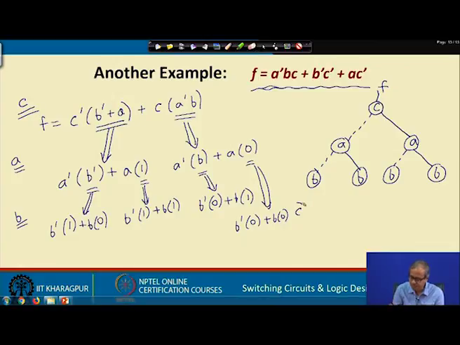So, if you take the terminal nodes, you have 1 and 0. You will be having 1 out here, 0 out here, like this, then 1 and 1, 1 out here, 1 out here, like this, 0 and 1, 0 out here, 1 out here, and 0 0.